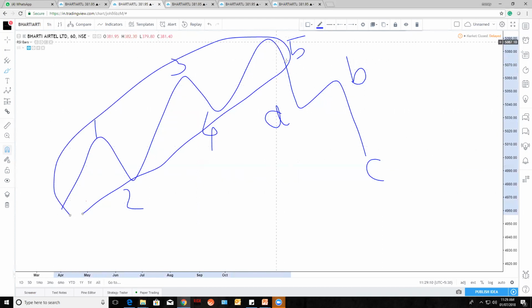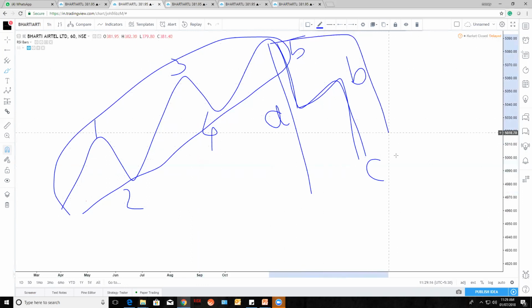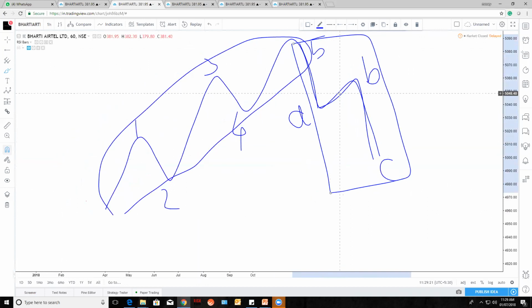We will see the part of correction, that is ABC, how they look.